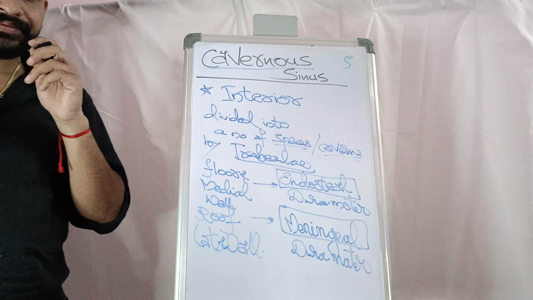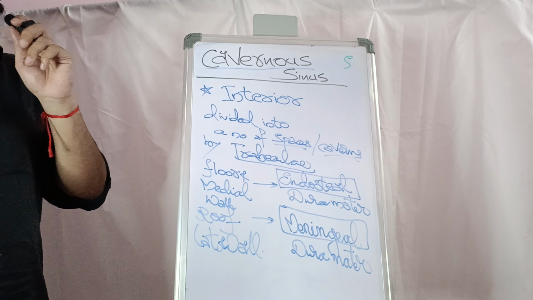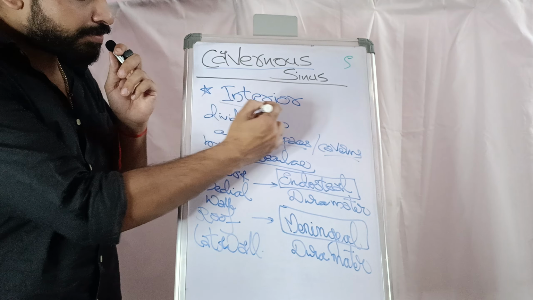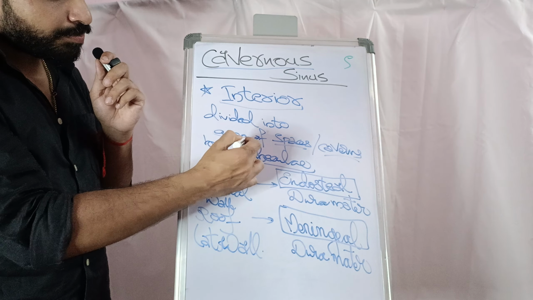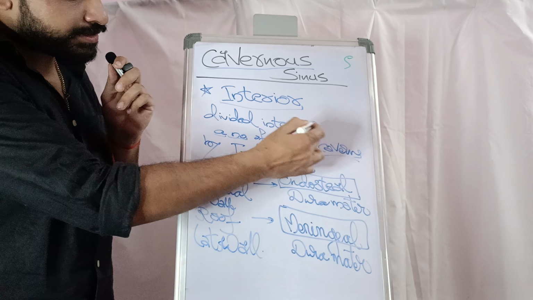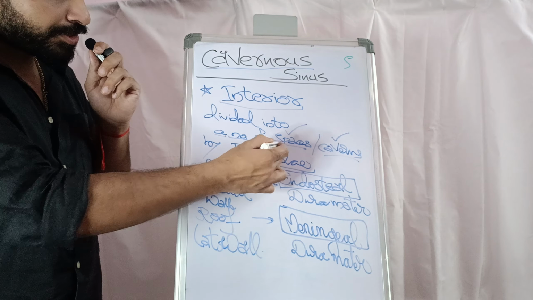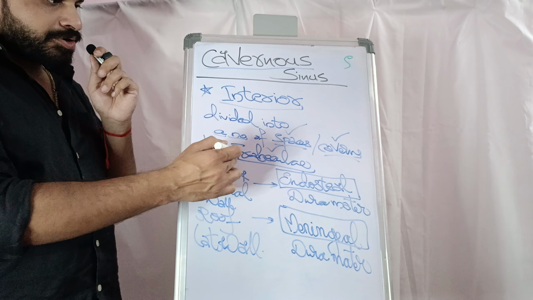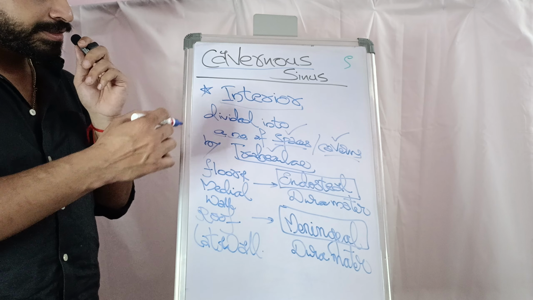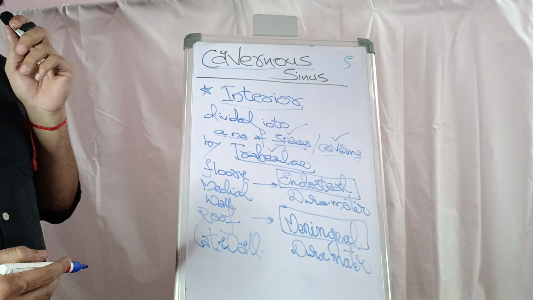See, the interior of the cavernous sinus is divided into a number of spaces or caverns by trabeculae. These trabeculae divide the interior into spaces and caverns.